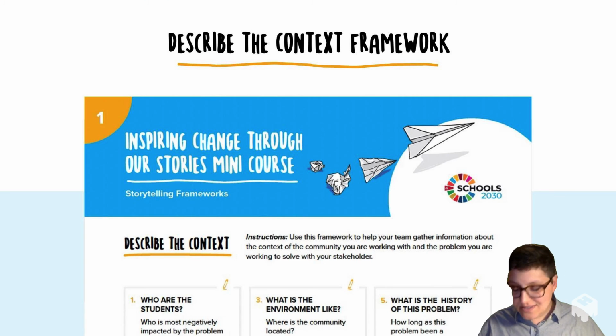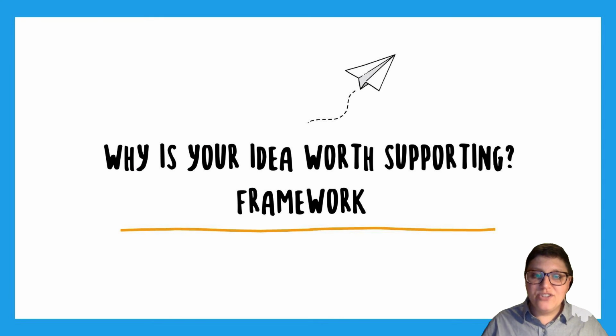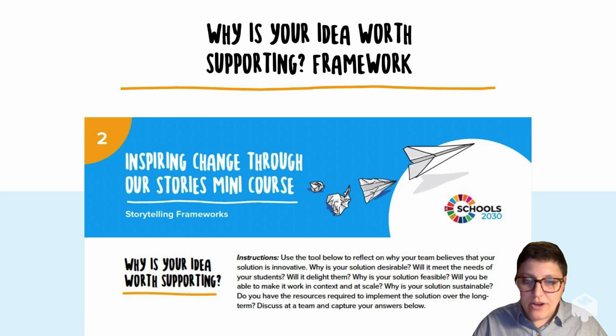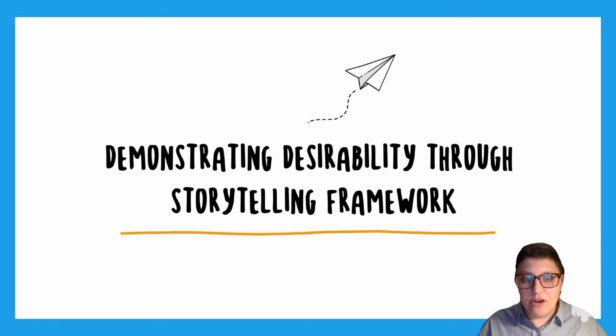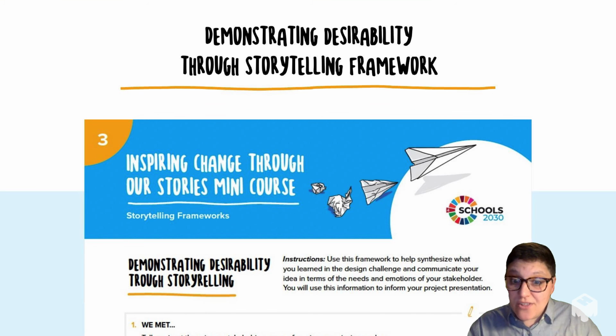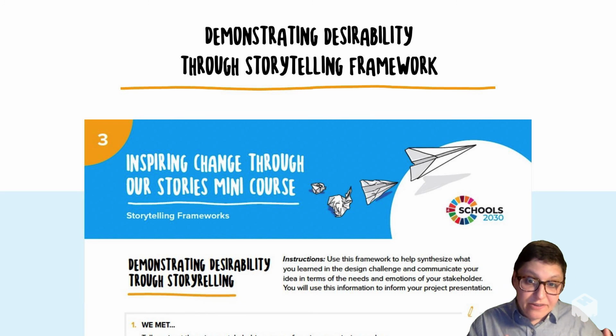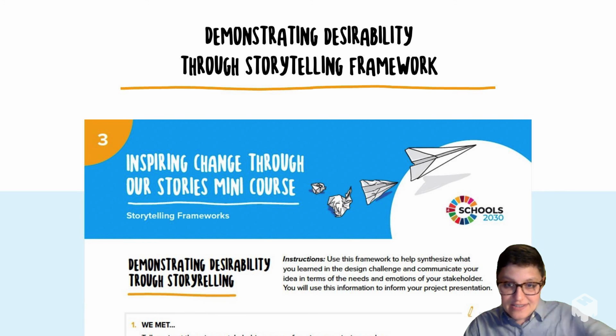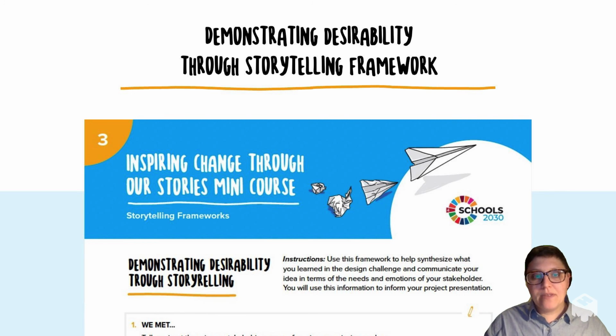It looks like this. Next is, why is your idea worth supporting? And it asks you to reflect on your micro-innovation. Next is demonstrating desirability through storytelling. It'll ask you to put together a story about a specific stakeholder that demonstrates desirability.